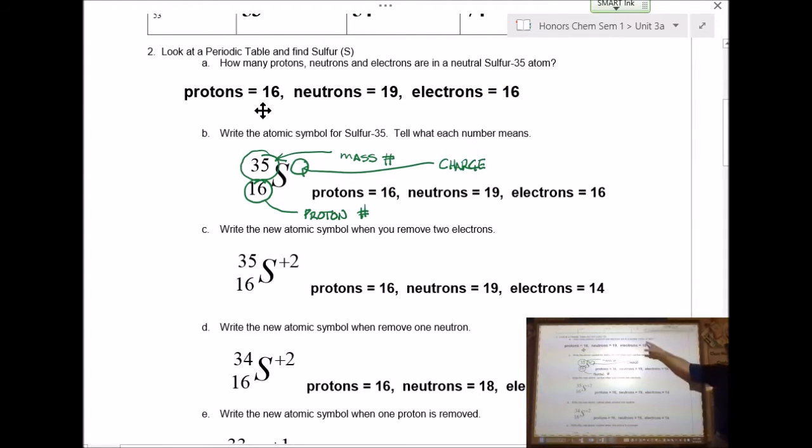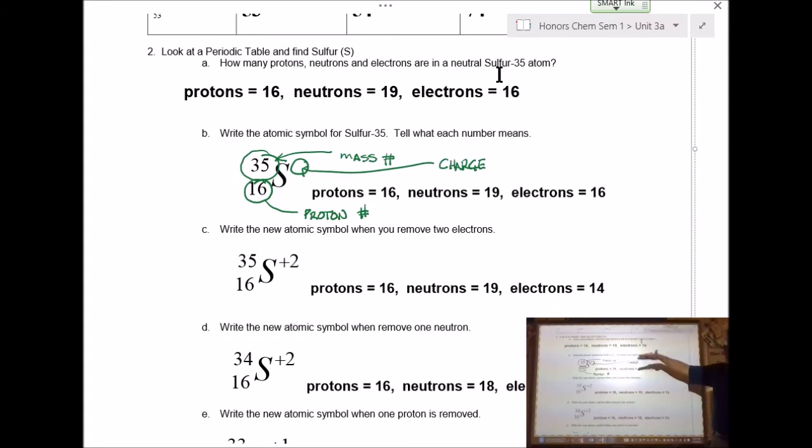You would have to go to the periodic table to find out how many protons you have for sulfur. You'll have a periodic table tomorrow, and you'll get to use a calculator as well. So I went ahead and did a running total in all of these just to keep myself from doing something dumb.